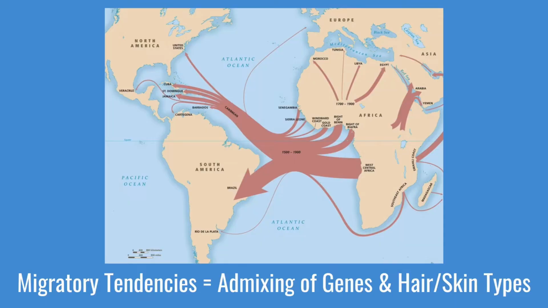Why? Because of the migratory nature of the human species and the admixing of genes that occurs in the process, or along the way, for millennia. That expectation was made complex.